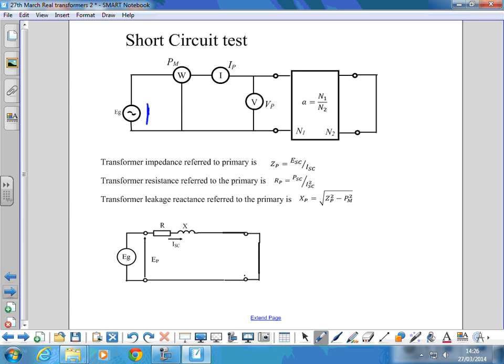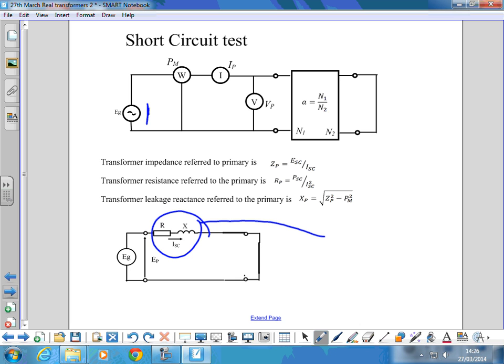And then you can use Pythagoras to get the XP from the ZP and the PM, so the power being measured by the wattmeter.